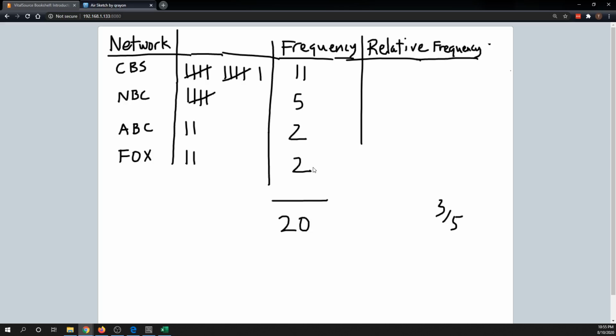And then for the relative frequency, what we are going to do is to divide each of those frequencies by the total number of observations. So the relative frequency for CBS would be 11 out of 20, which comes out to be 0.55. That's a decimal, and that's exact. The relative frequency for NBC would be 5 out of 20, which is exactly 0.25. Actually, I was way off on that one, so this one is 0.1.